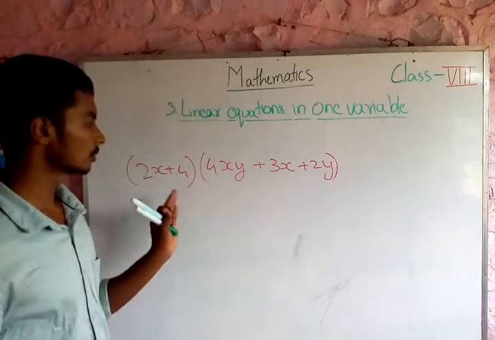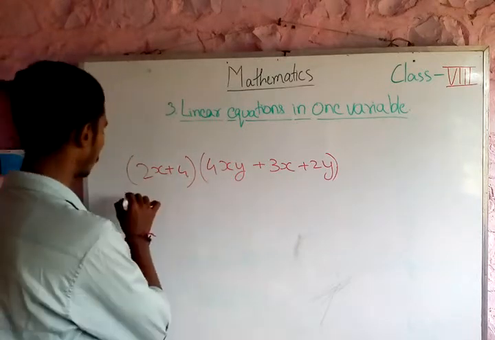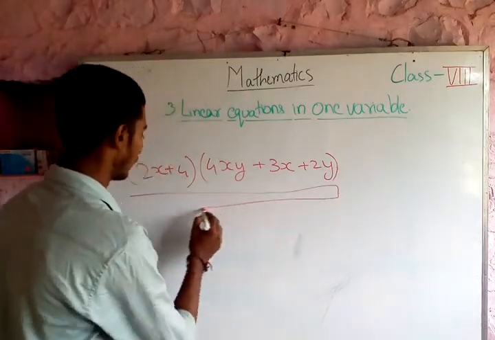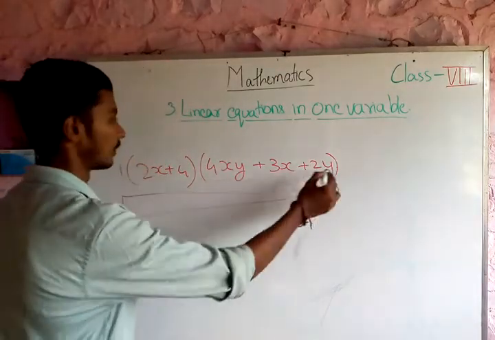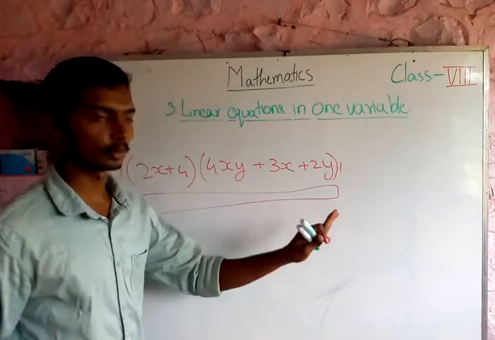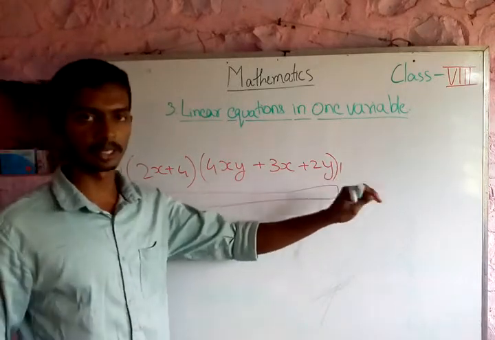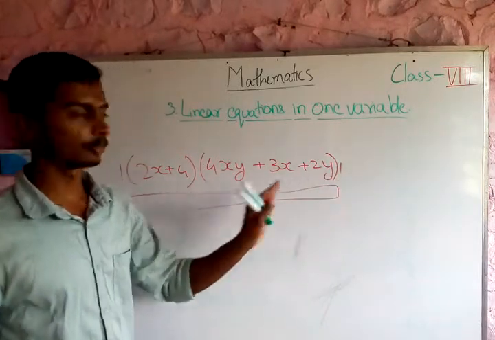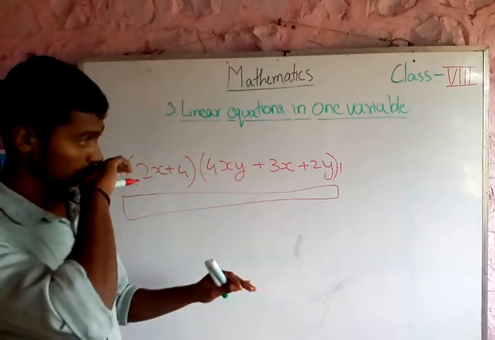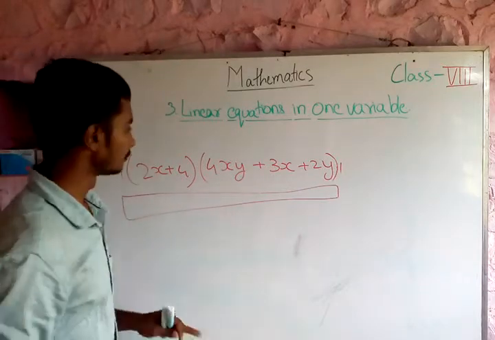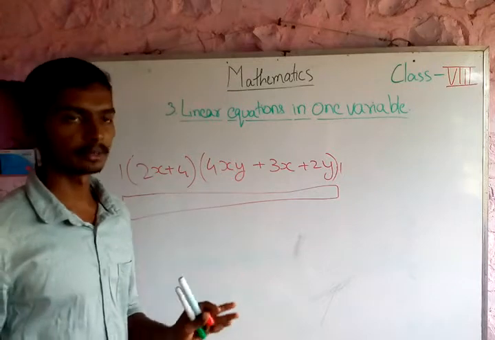Now see here, this whole thing is an expression because it is not equated to anything. If it were equated to another expression, it would have been called an equation. So this is also an expression.